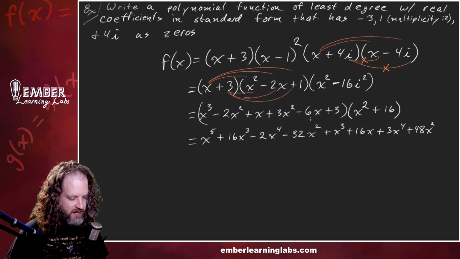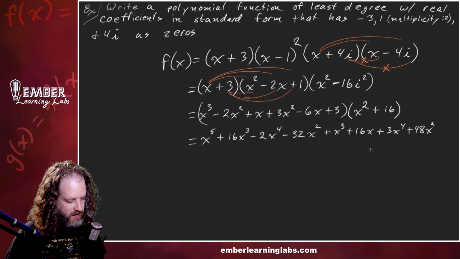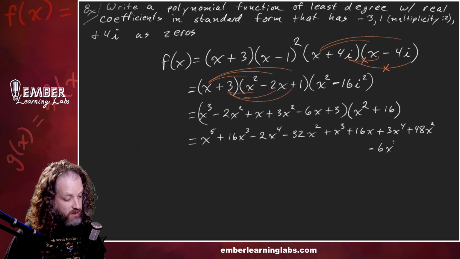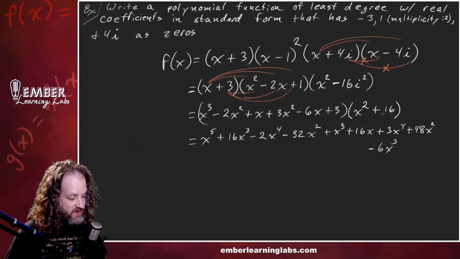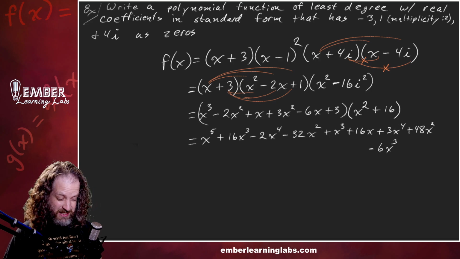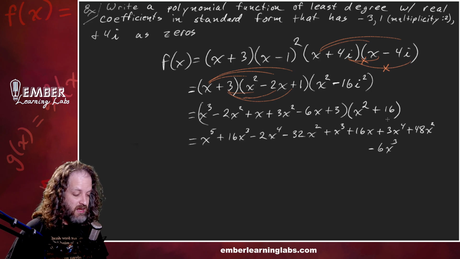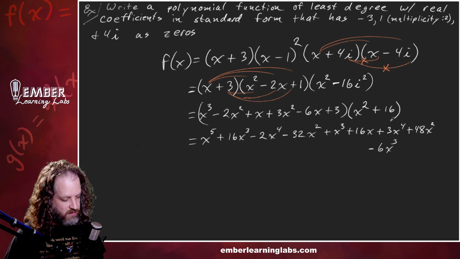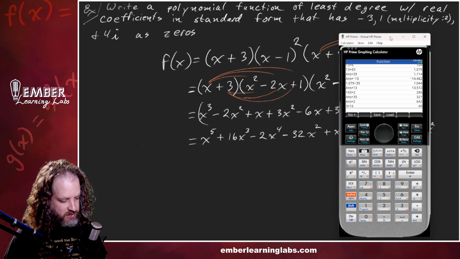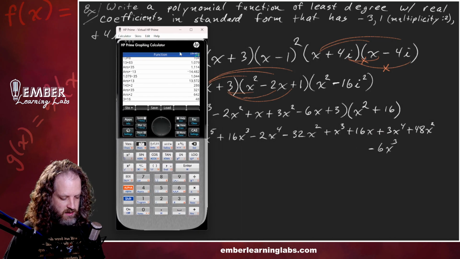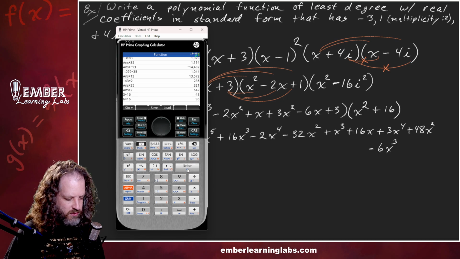So negative 6x times x squared is minus 6x cubed because 1 plus 2 is 3. And then negative 6 times 16 is going to be 60 plus 36. So 96 is what my brain is telling me. Let's double check. 6 times 16 equals 96.